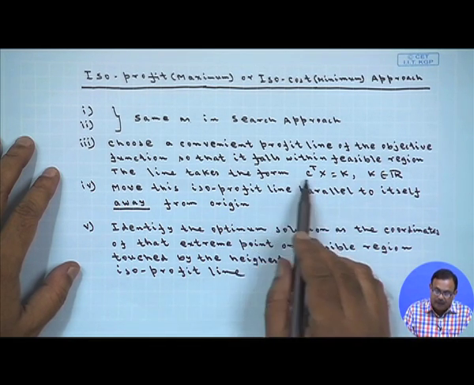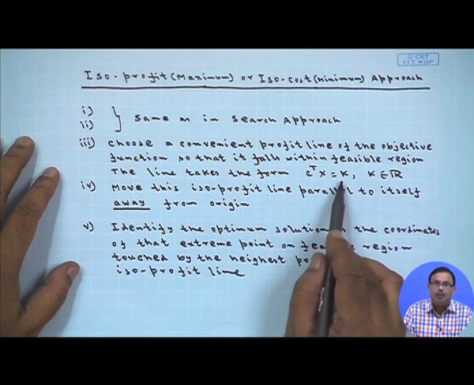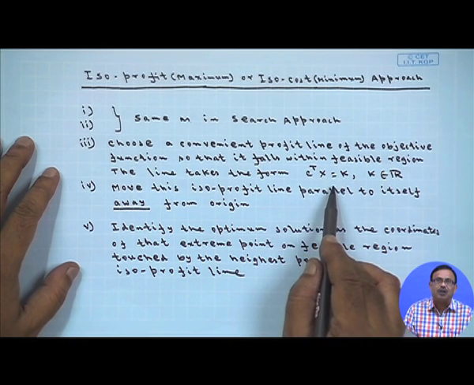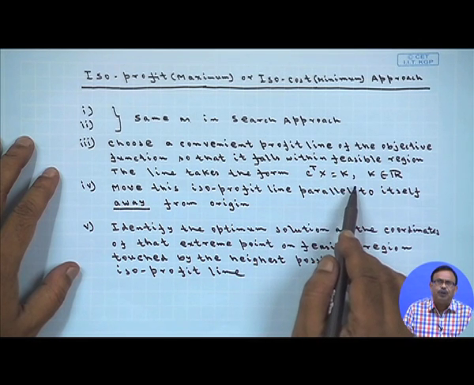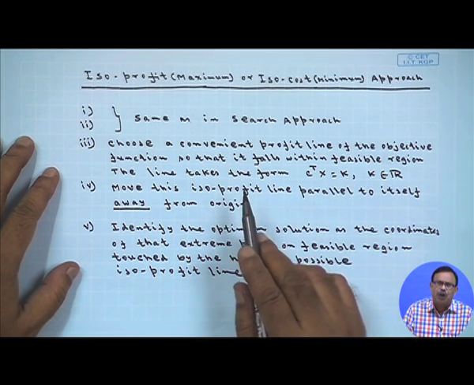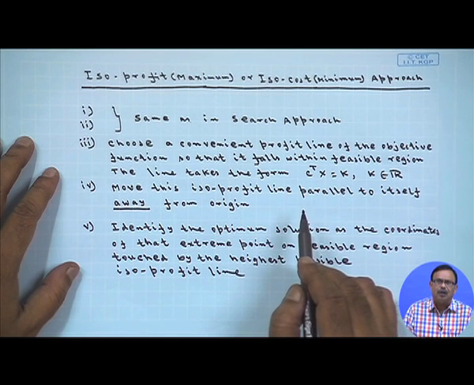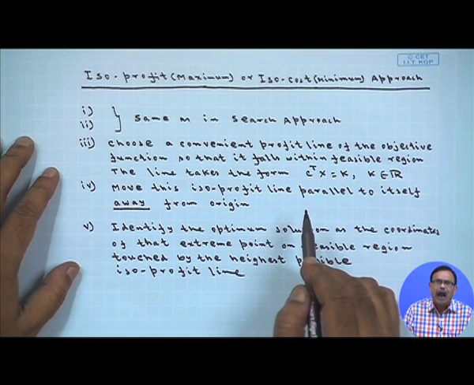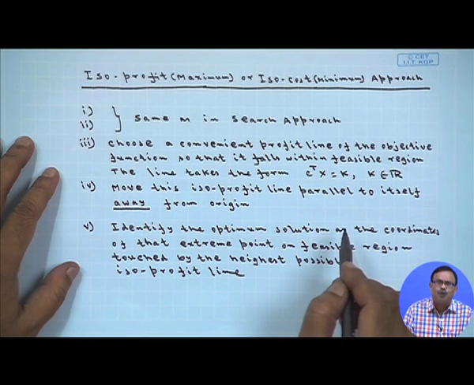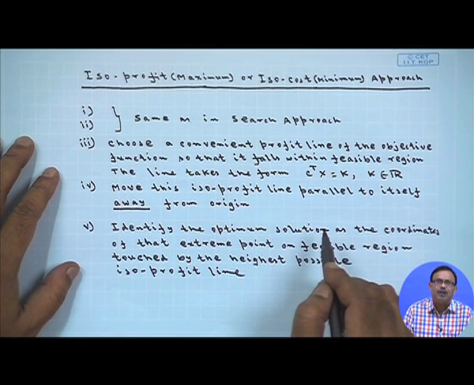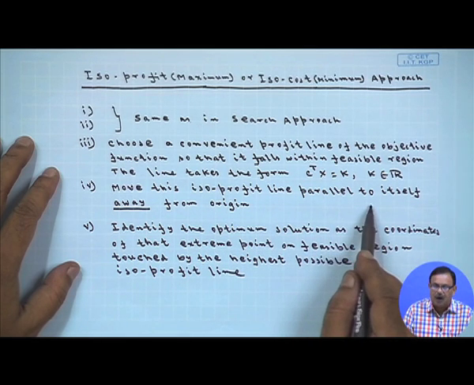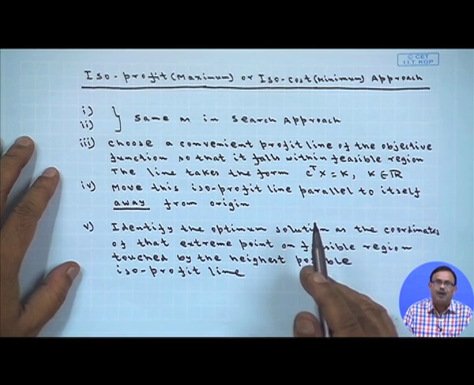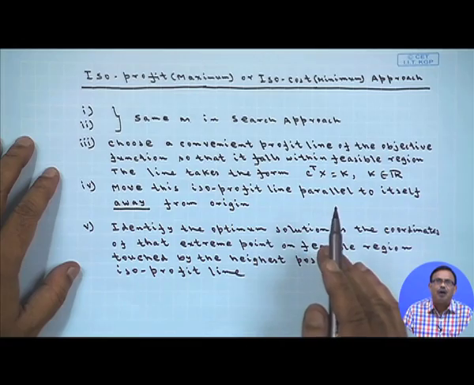Here we are saying you take a line of the form C transpose x equals k, k belongs to some real number, and using this you choose an arbitrary profit line of the objective function, and that line should fall inside the feasible region. Now, move this ISO profit line parallel to itself away from the origin.